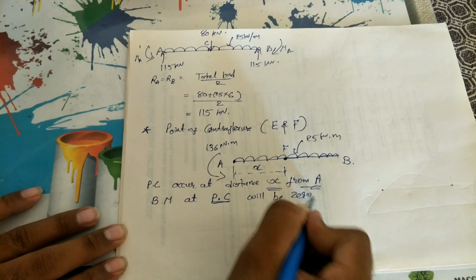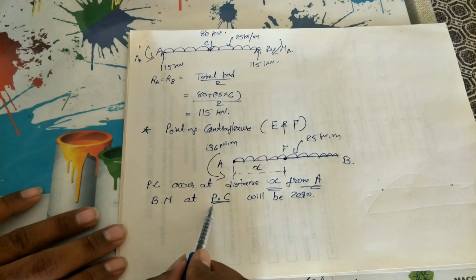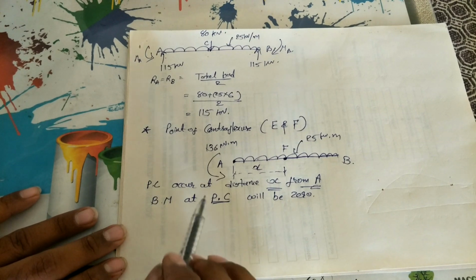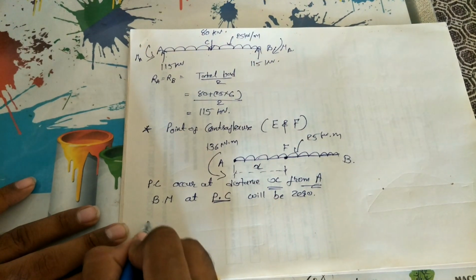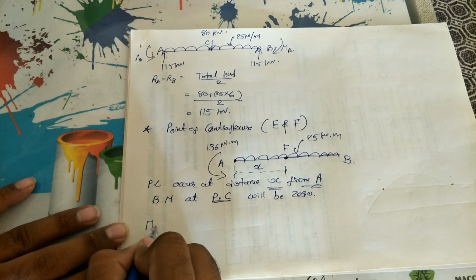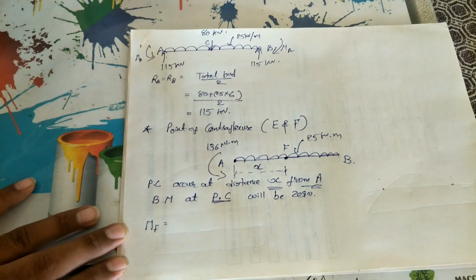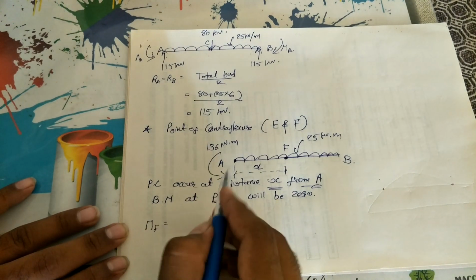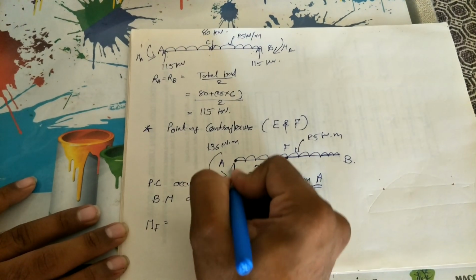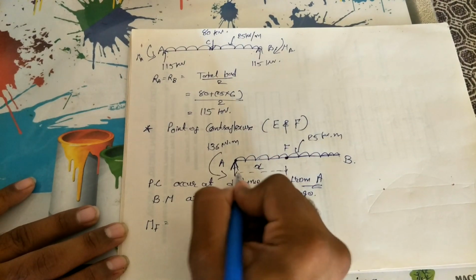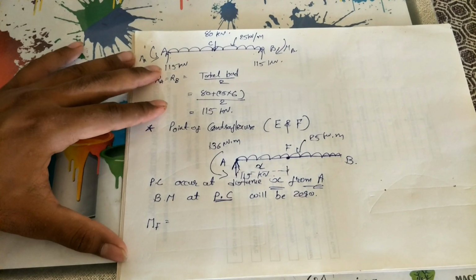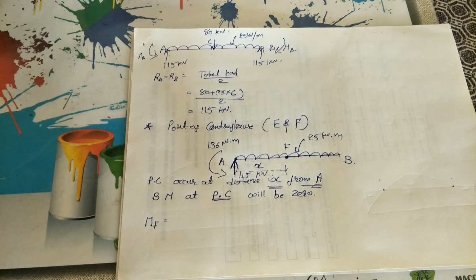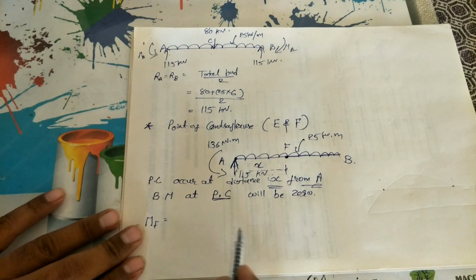At the point of contraflexure the bending moment is 0. So I have to calculate the moment at F. We have the reaction value of 115 kilonewton that we have already obtained. So MF is equal to force into distance.